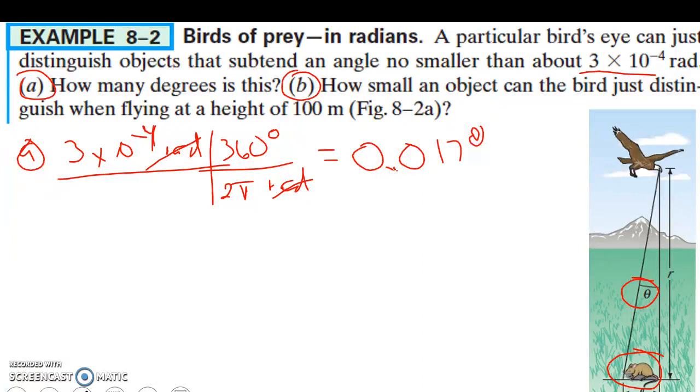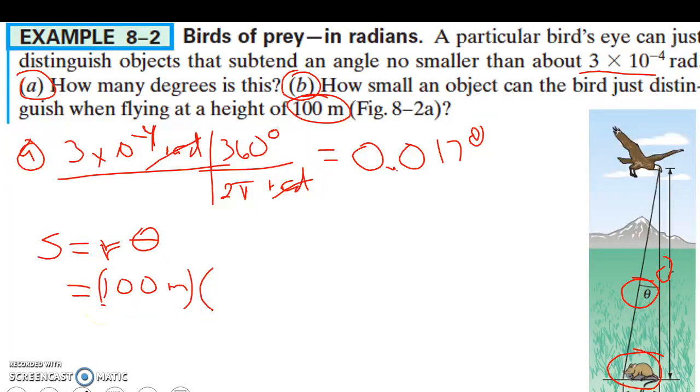Now let's see how that applies to seeing something, okay? So let's say that the bird's 100 meters above. That will be considered our radius, okay? And we know that our arc length is going to be the radius times our angle in radians. So our radius is 100 meters, and we multiply it by our radians, 3 times 10 to the negative 4, and it's going to be a really, really small number.